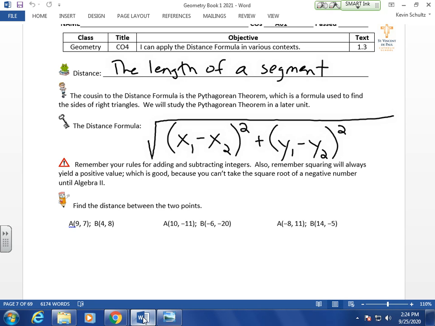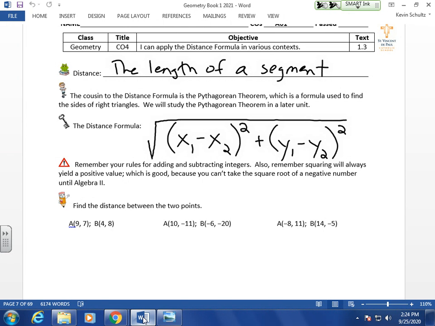I made my root sign a little bit too long there. I'll bring it back. Okay? And then it's the root of that sum. So order of operations indeed in play here. But it's the difference of your x values squared plus the difference of your y values squared and the root of that whole thing.